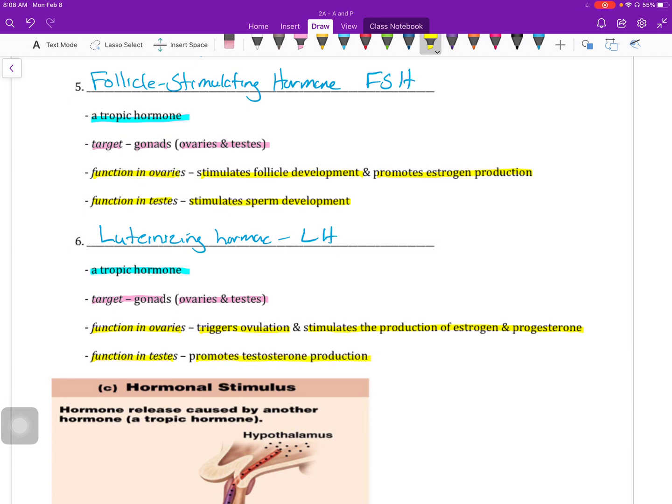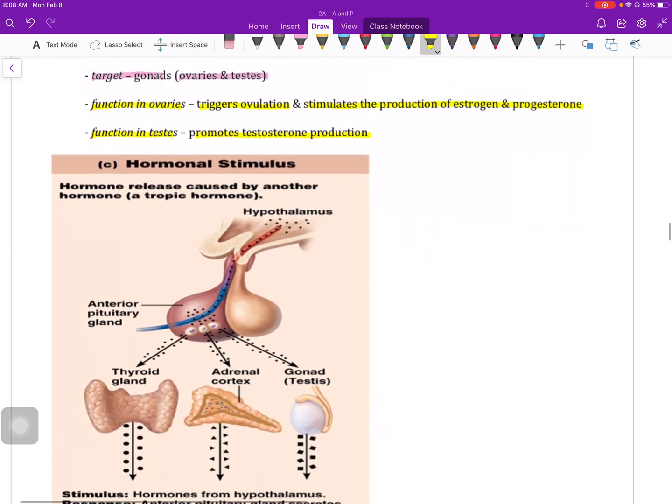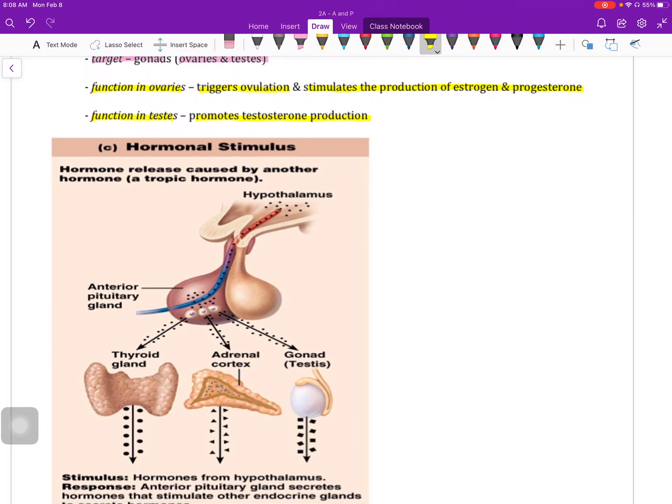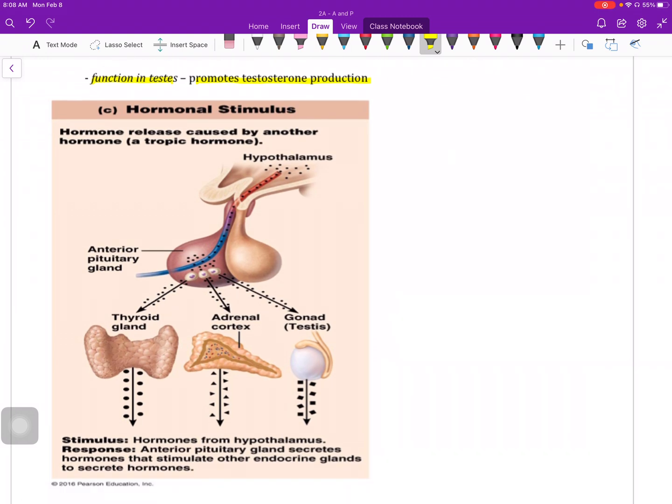So this is that type of hormonal stimulus that we talked about in part 1 of our notes. You have your hormone released caused by another hormone, which is tropic. So in this case, we said the anterior pituitary produces TSH, which targets the thyroid gland, ACTH, which targets the adrenal cortex, and then either FSH or LH, which targets either the ovaries or the testes.